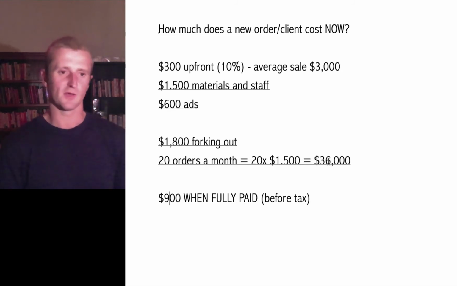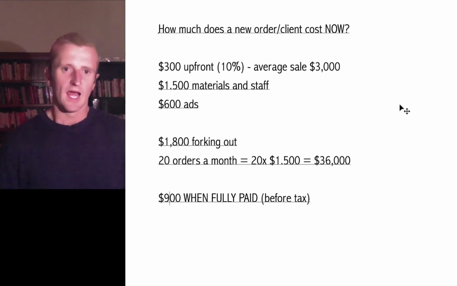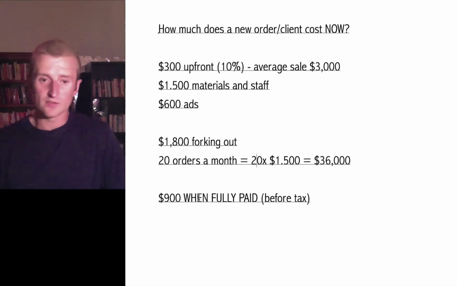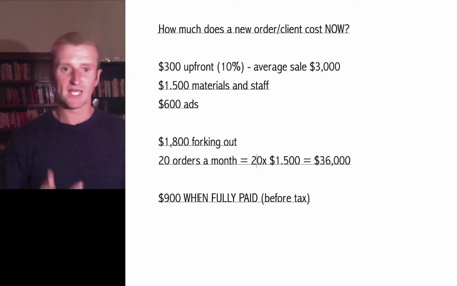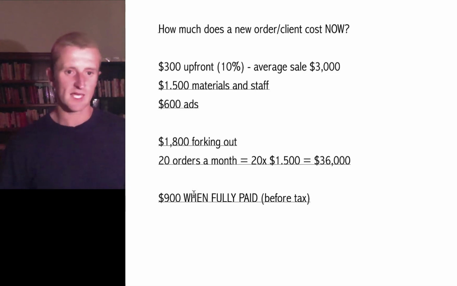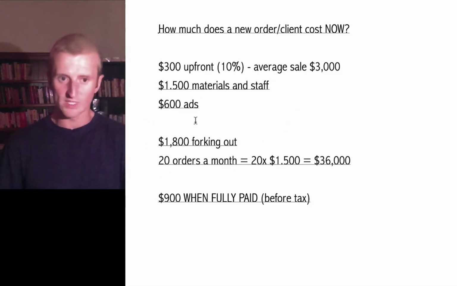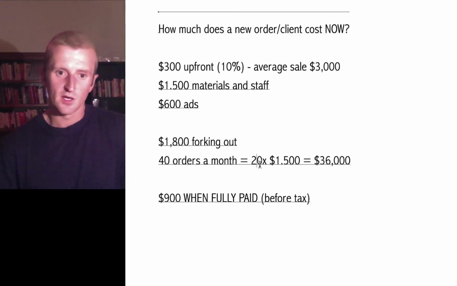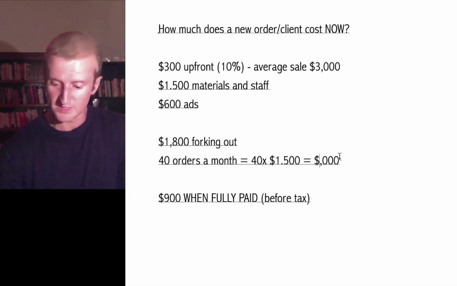And you just have to think about, how much does a new order or client cost right now? And then when do I get paid? How much money do I need in reserve? And then if I want to double, say in this example, to 40 orders per month, that means with this particular example, you'd be at $72,000.